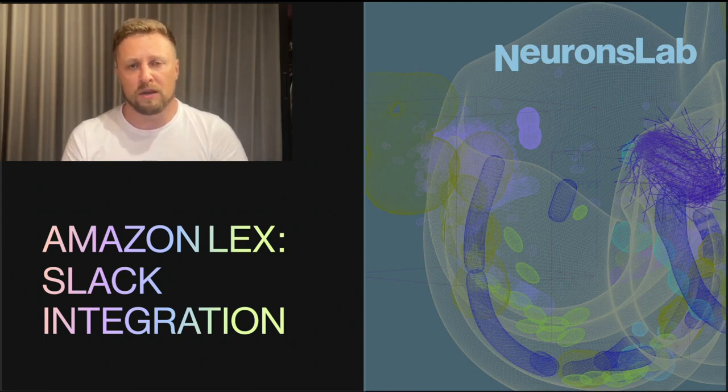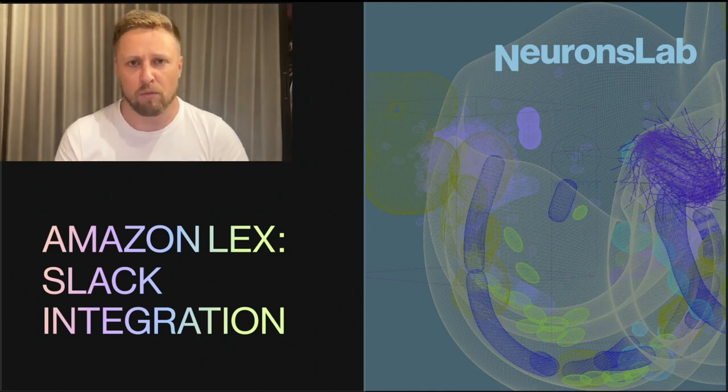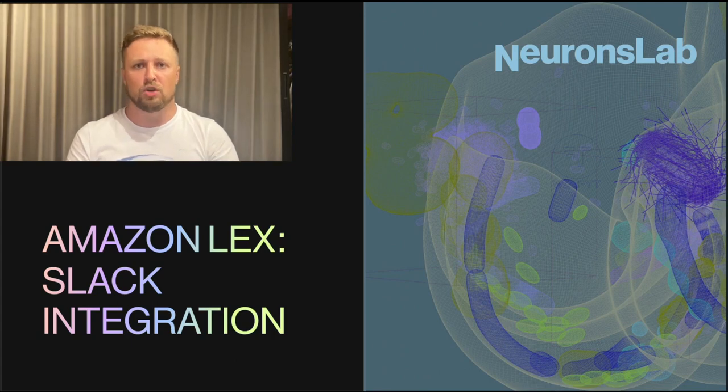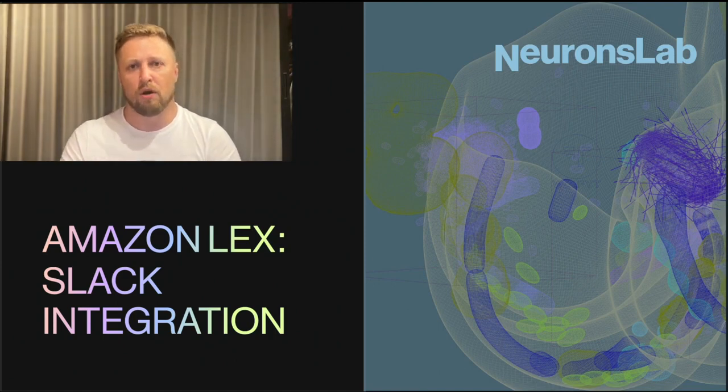We will start with understanding the foundation of Amazon Lex, getting you familiar with how it works and why it's a pivotal tool in building chatbots. And then we will explore Slack, one of the most popular messaging platforms used by teams worldwide, and how it can be used to operate with your newly built chatbot.